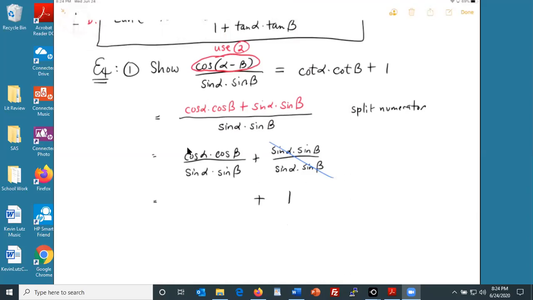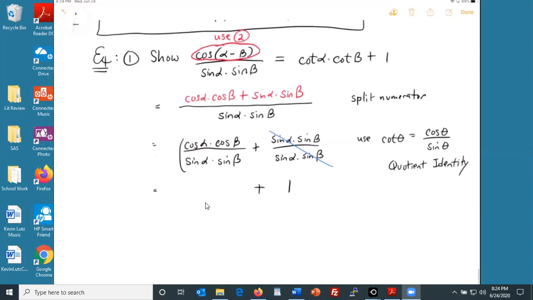Now, the next part, nothing cancels, but what we're going to do is use the fact that the cotangent is cosine over sine. Remember that's a quotient identity. So now we're bringing back an earlier identity to simplify 2 different cotangents that we have here.